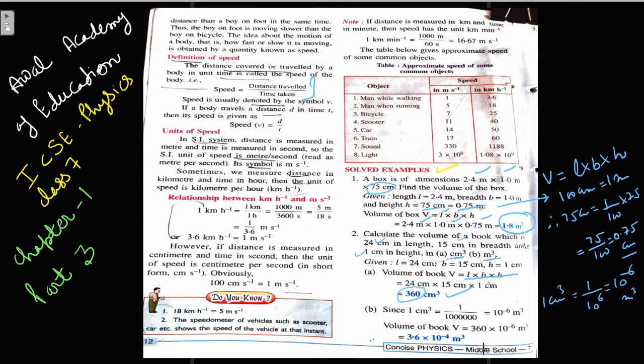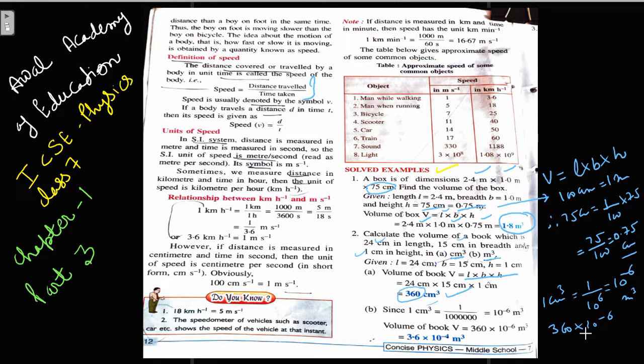So now the volume we have to find. We have 360, so we will multiply it by 10 raised to power minus 6. So 360 into 10 raised to power minus 6.